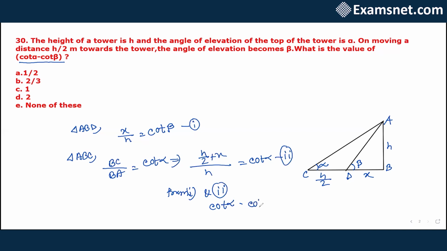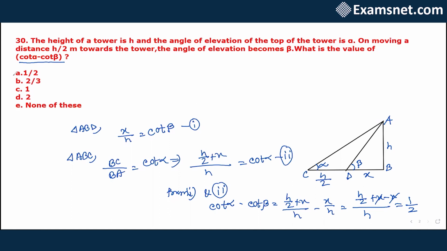Cot alpha minus cot beta equals H by 2 plus X, by H, minus X by H. After taking the LCM, it becomes H by 2 plus X minus X, over H. So it will give us the value half.